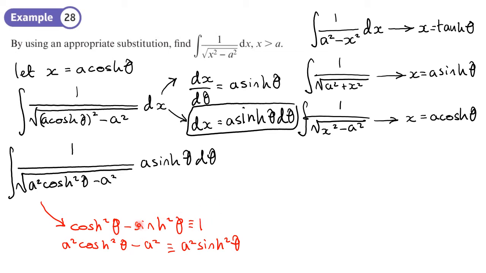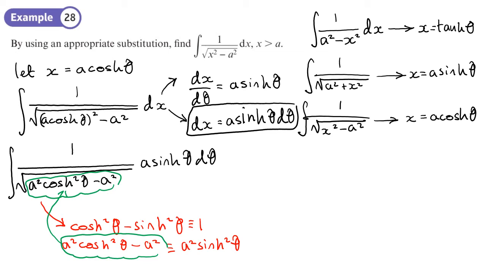So using this identity, all I've done is multiply everything by a squared, and then move the sinh over to the right and the 1 over to the left, and I end up with this. Now you'll see that I can take what I've got written underneath the square root here and change it to a squared sinh squared theta.